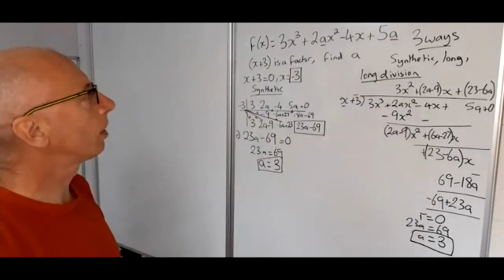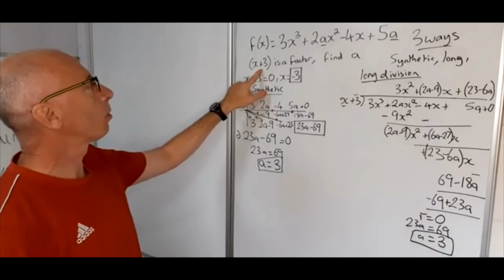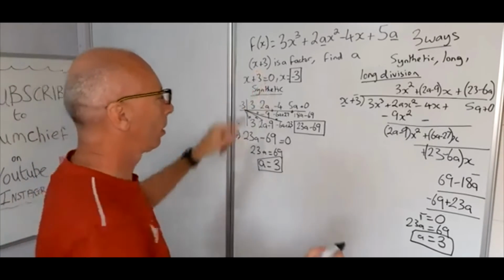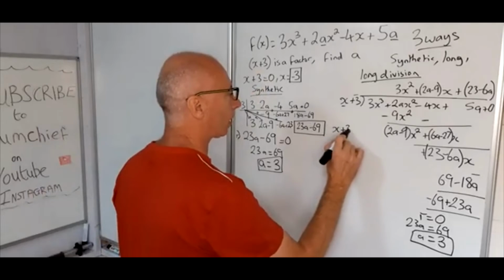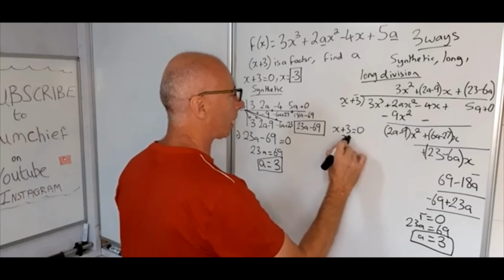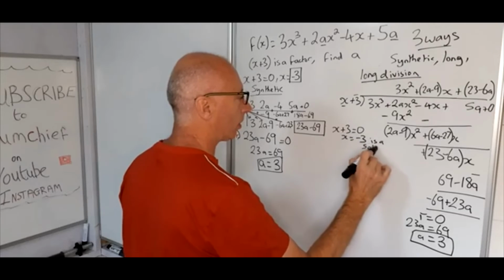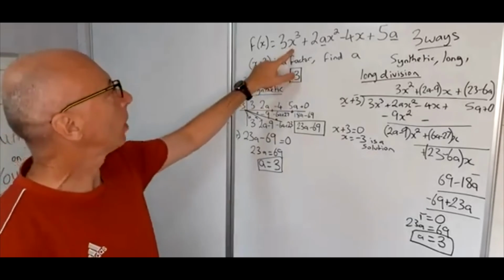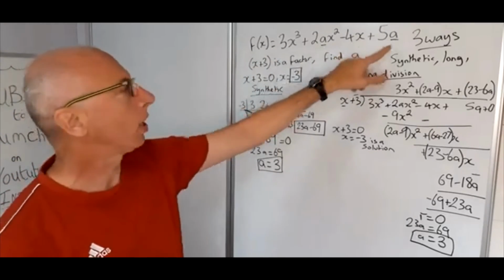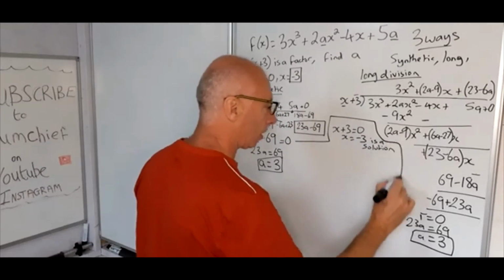Now the other method, which we can do here, we can just plug in that x equals minus 3 is a solution. So let's just put this one here. So x plus 3 equals 0, so therefore x equals minus 3 is a solution. So what we're going to do now is plug in minus 3 into this polynomial, see what we get. So let's just box this off so we keep separate.